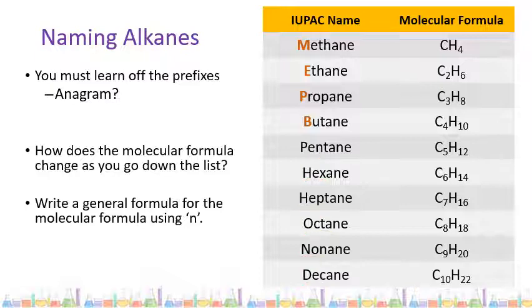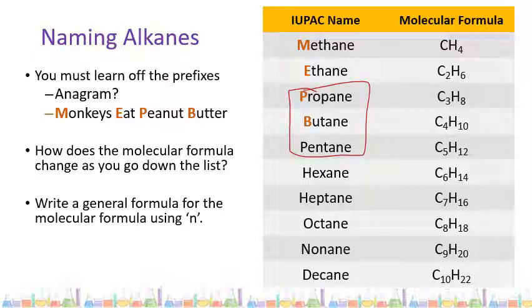And the anagram that I've used to learn those myself, the one my teacher gave me, was monkeys eat peanut butter. The real issue occurs between propane and butane, and propane and pentane. So these 3 here are where I tend to see issues.